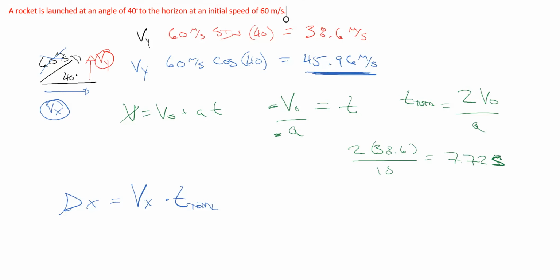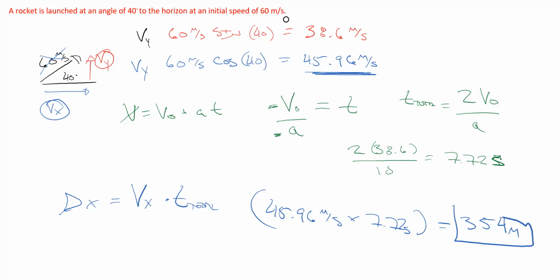So we just take our two values, velocity in the x of 45.96 meters per second multiplied by 7.72 seconds, and we get a final answer of 354 meters for our range. All right.